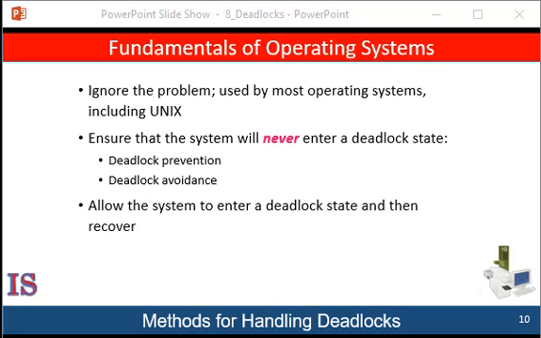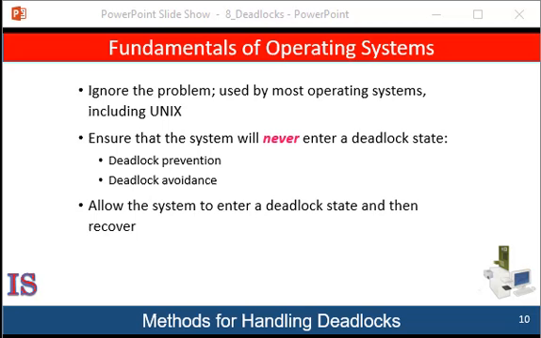To decide whether the current request can be satisfied or must be delayed, the system must consider the resources currently available, the resources currently allocated to each process, and the future requests and releases of each process. If a system does not use either a deadlock prevention or a deadlock avoidance algorithm, then a deadlock situation may arise.